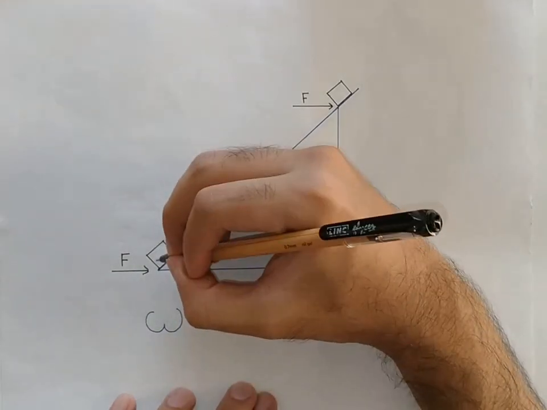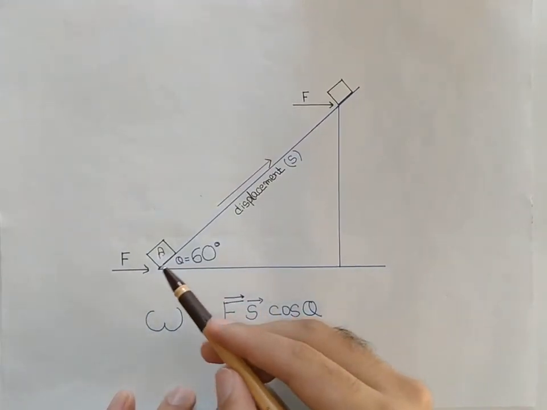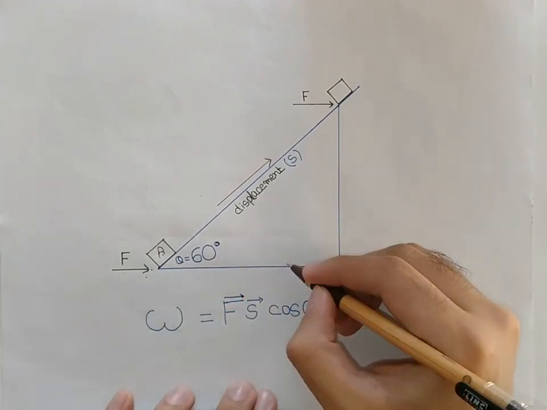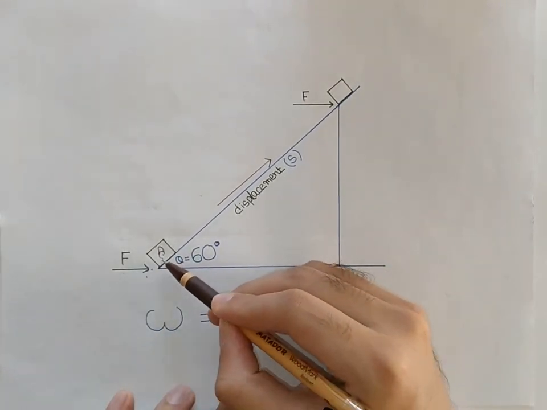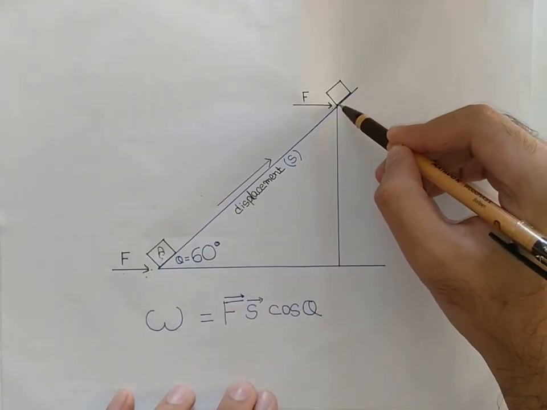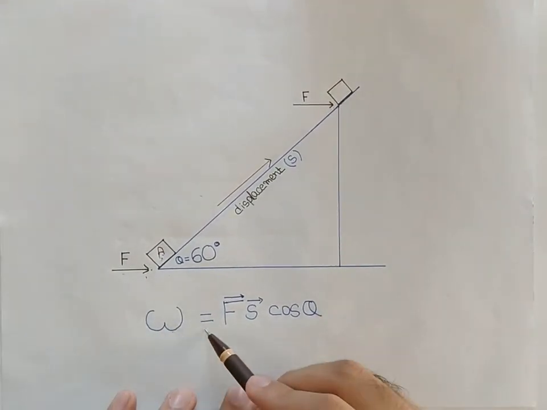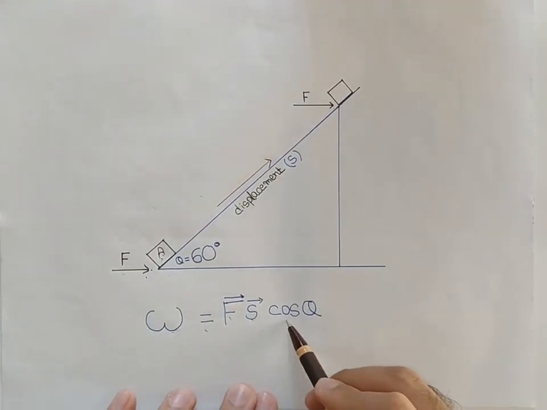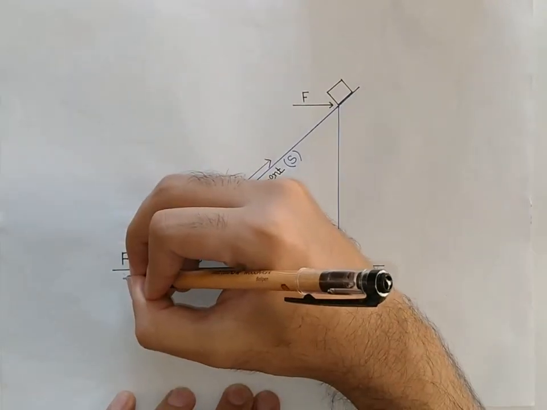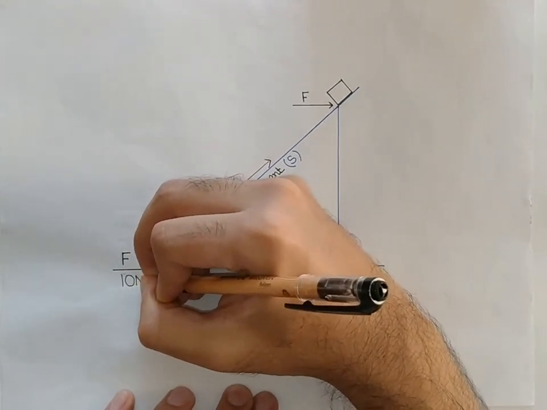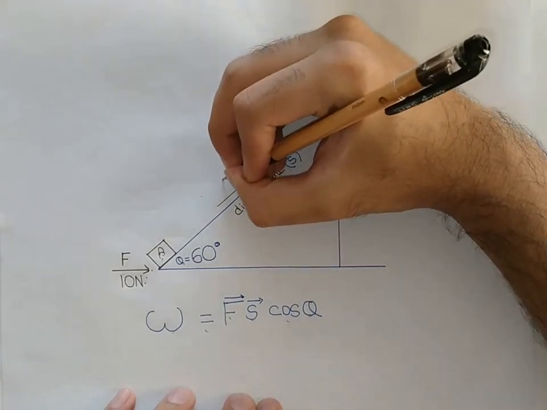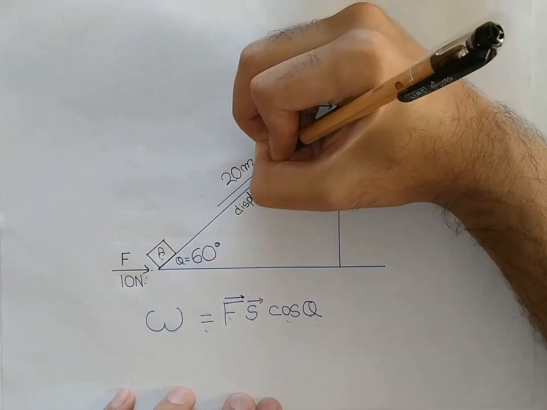Let us assume that this is object A. Force is applied in this direction on object A, and the object traveled in this direction up to this point. Now what is the work done? Here work done equals to F into S and cos theta. Here theta equals to 60 degree. So let me assume that force applied was 10 Newton and displacement occurred 20 meters.